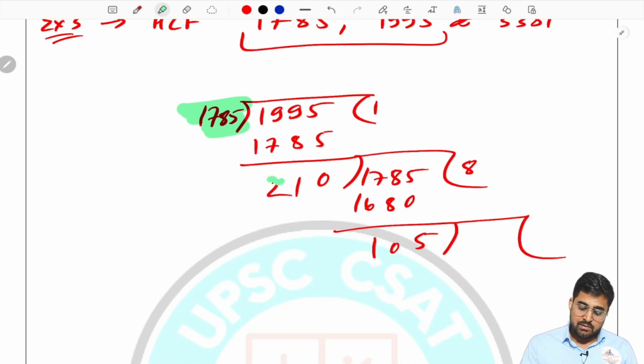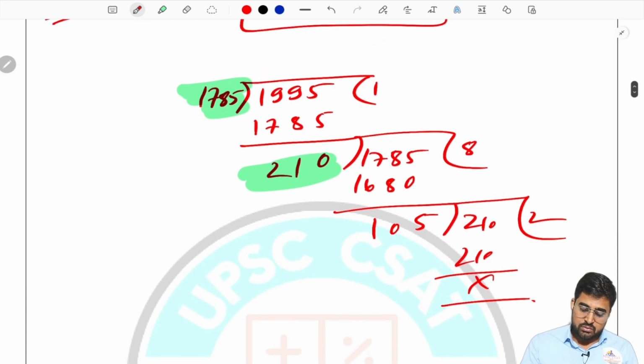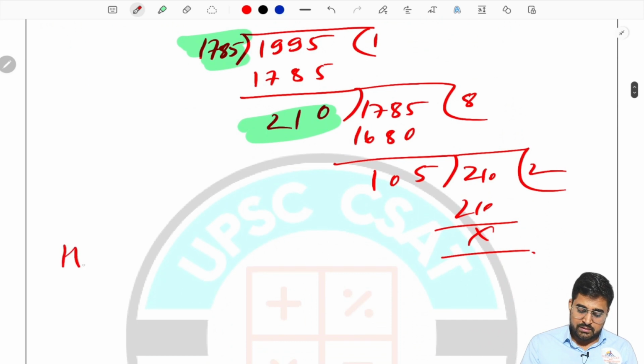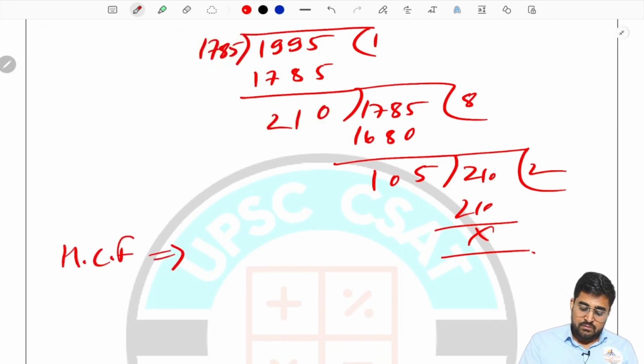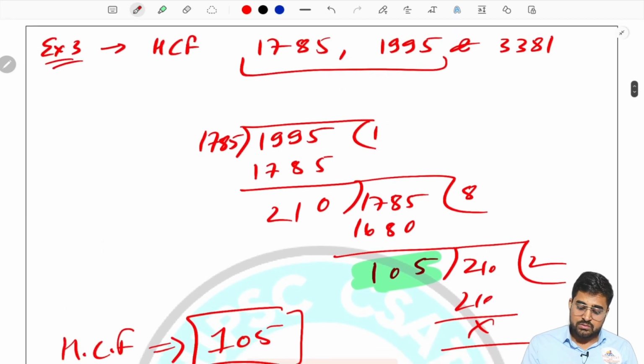Now put this value here. Okay, 210. Now 2 goes, it is cancelled. So for these two, the highest common factor is 105, because at 105 the remainder goes to nil. So 105 is the common factor of these two.